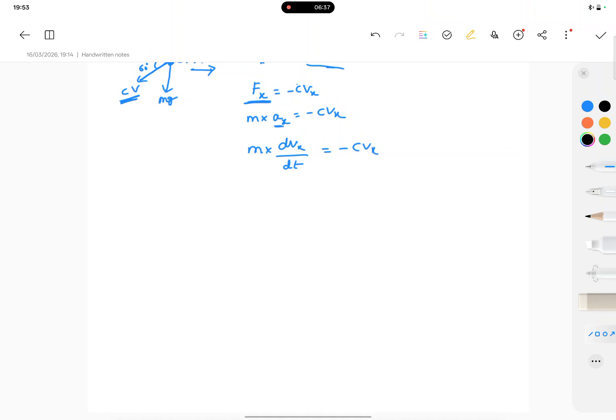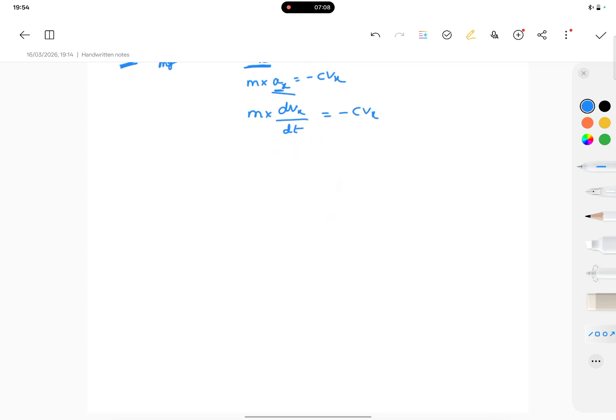In all projectile motion, we have always taken acceleration along the x direction as 0, because in those situations we didn't observe any force. But here we have a drag force along the x direction. That's why here along the x direction as well there is an ax acceleration. Then just rearrange the terms and get the vx.